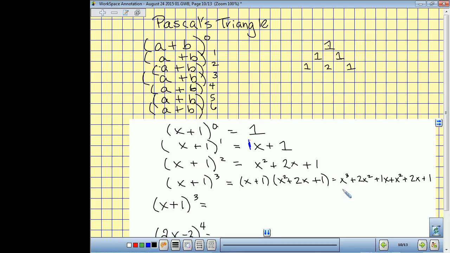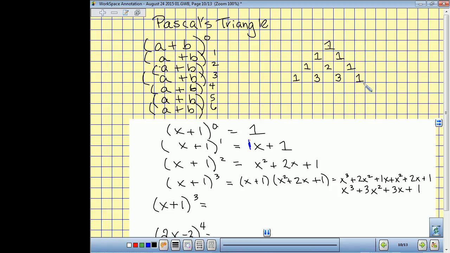So when I add like terms, I get x cubed plus 3x squared plus 3x plus 1. So what are my coefficients? I've got an understood 1, then I've got a 3, then I've got a 3, then I've got a 1.